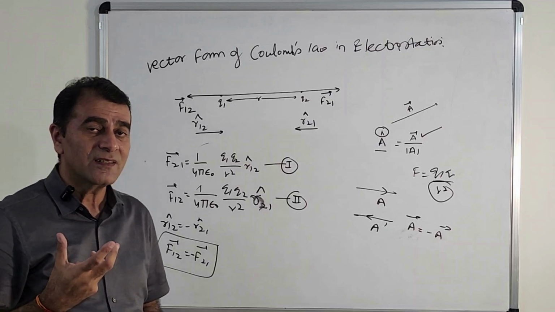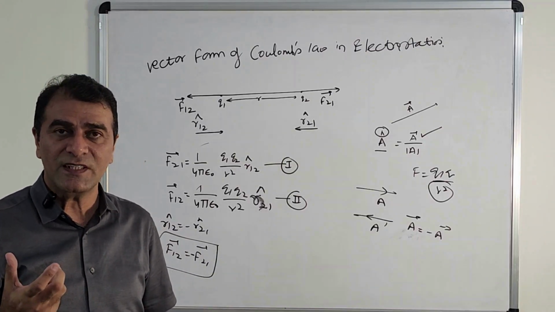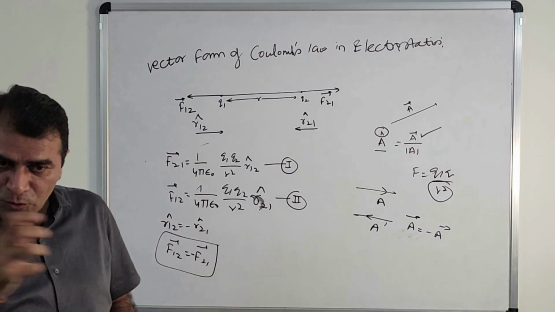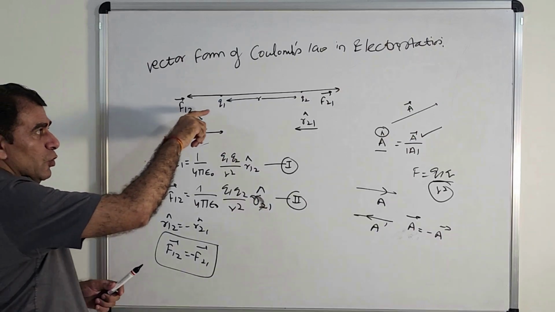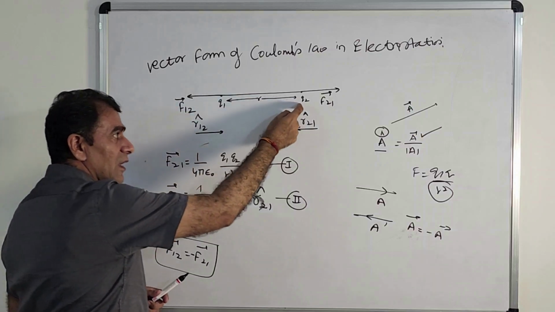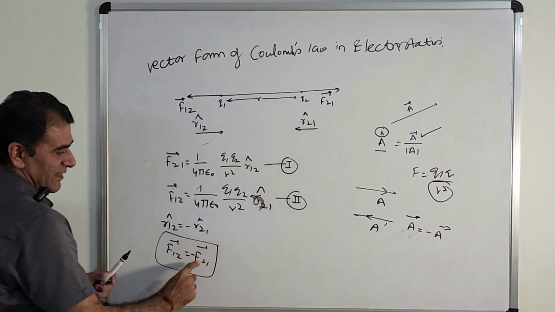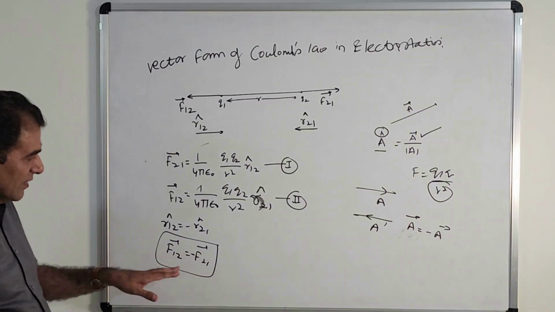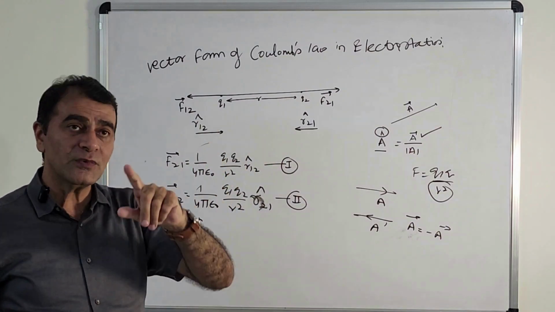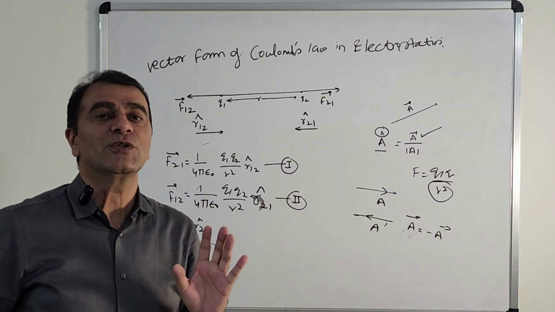Do you understand something? This is Newton's third law of motion. What does Newton's third law of motion say? For every action, there is an equal and opposite reaction. So if Q1 exerts force on Q2, then Q2 will exert the same force on Q1, same force, but in opposite direction. That's why we have taken the negative sign. So this states that Coulomb's law in electrostatics always follows Newton's third law of motion.